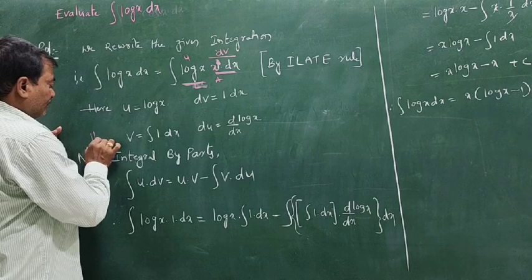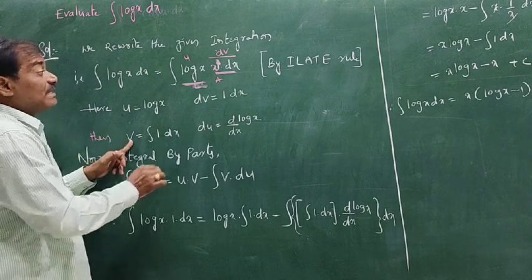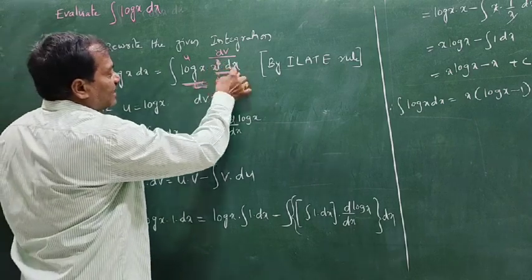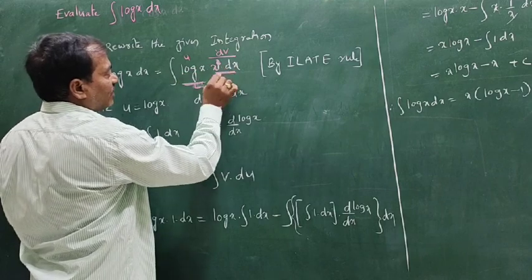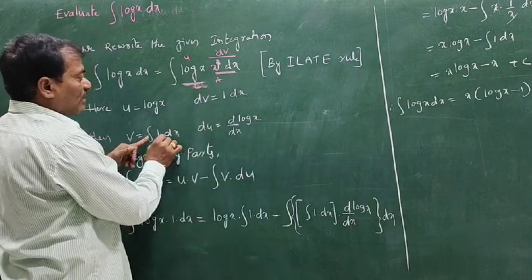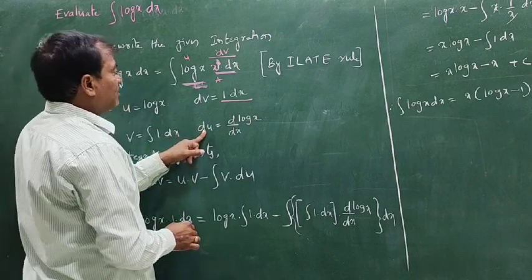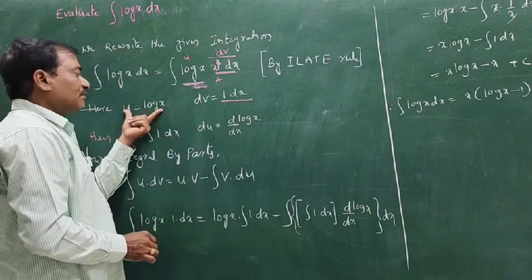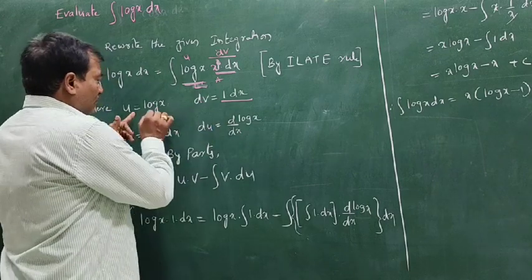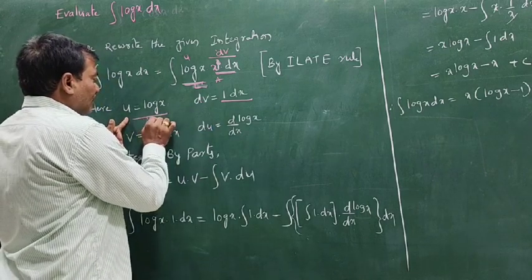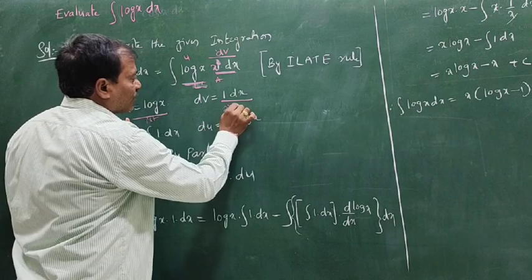Now v means the integration of the second function, integration of 1 dx. And du means the differentiation of the first function. This is the first function, and this is the second function.